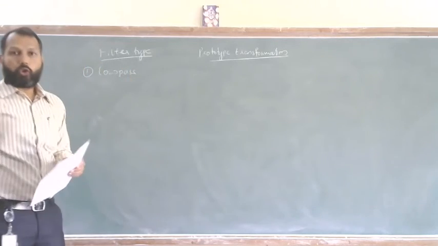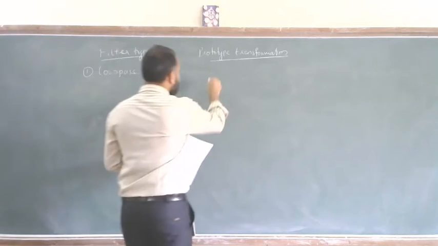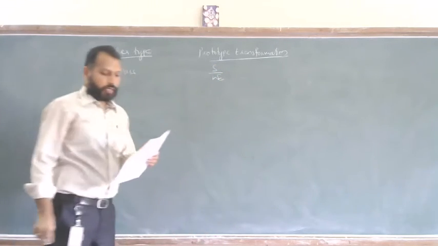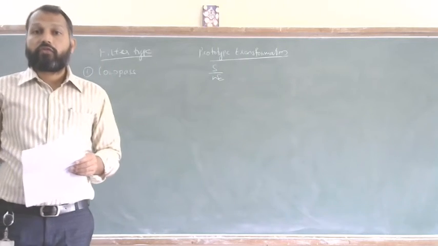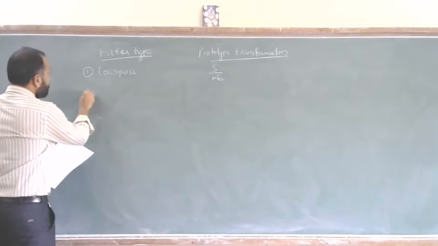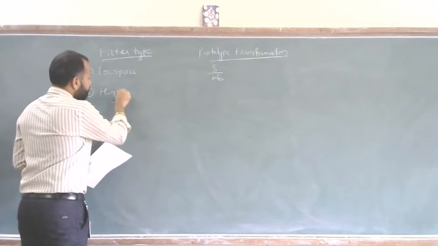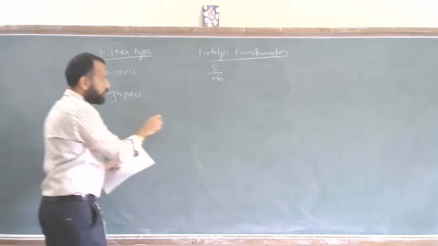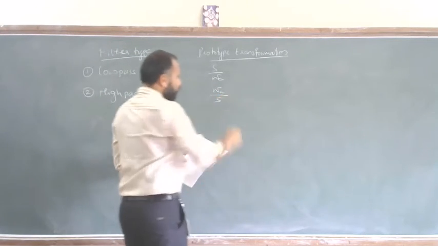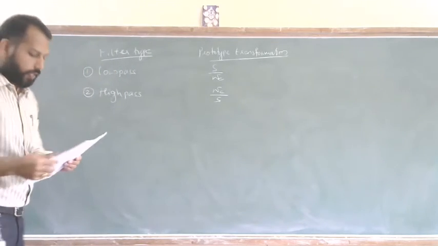From low pass prototype filter into practical low pass filter, the transformation used will be S divided by omega C, where omega C is the cutoff frequency. And the conversion from low pass prototype into high pass filter, the transformation used will be omega C divided by S, where omega C is the cutoff frequency.